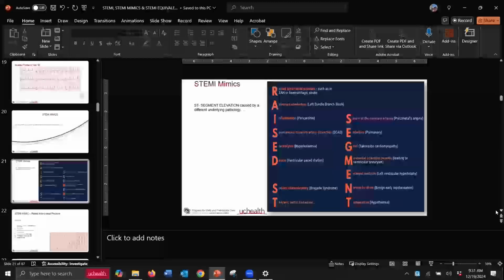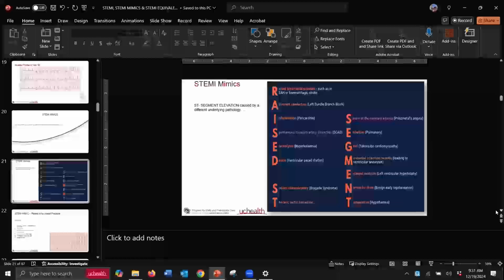Electrolytes, the big one, hyperkalemia, hypocalcemia. A device, ventricular paced rhythms. Well, we already talked about V-paced and left bundles. Sodium channelopathy, that's that Brugada syndrome that you probably heard about. Thoracic aortic dissection, well, that's bad stuff. And spasm of the coronary artery, so it's called Prinzmetal's.